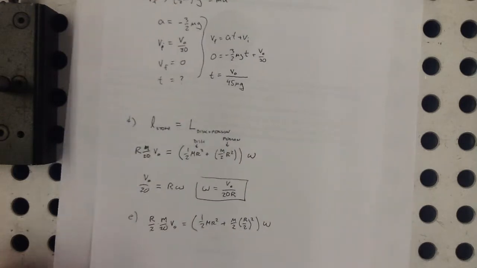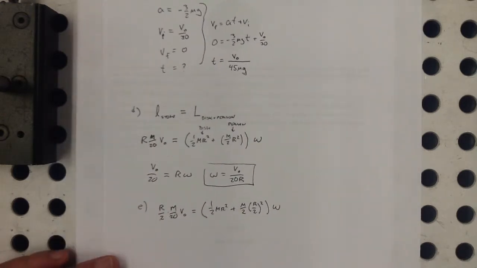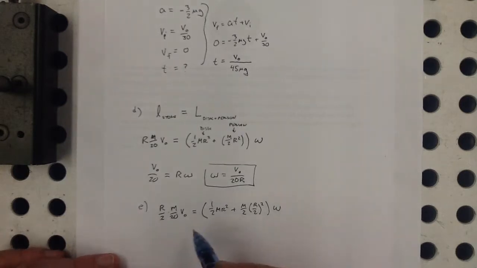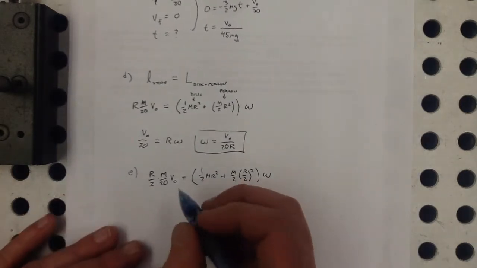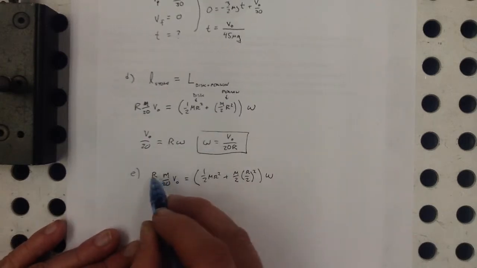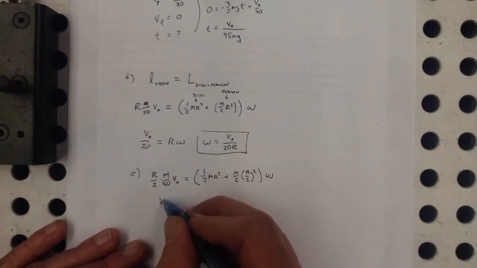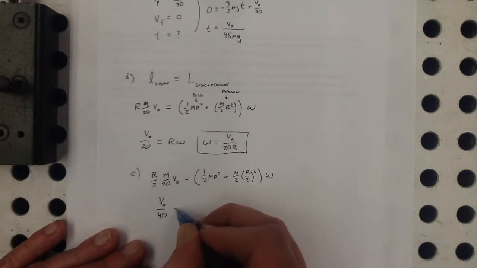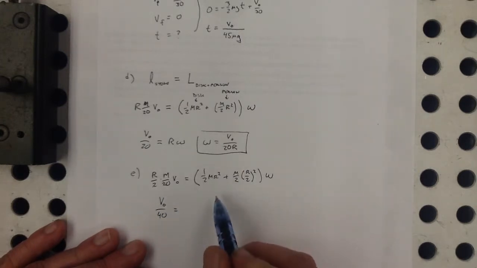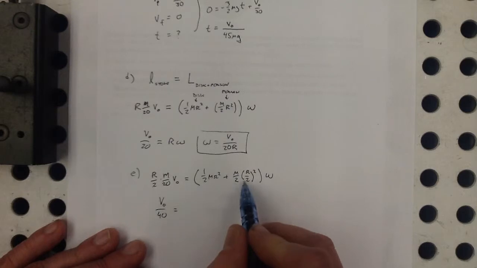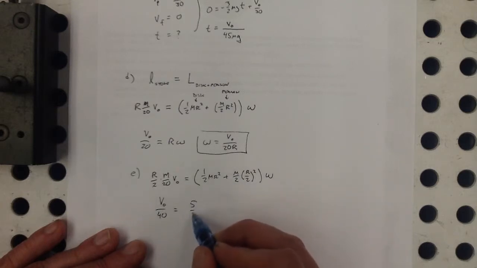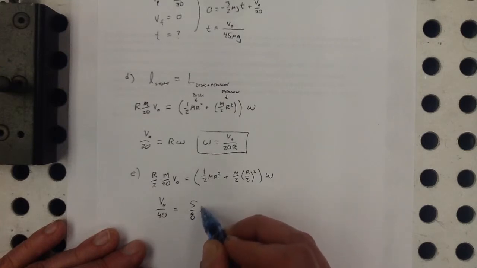that's where they are. So I think I'm just going to crunch the numbers here and see what it comes out to be, and we'll compare. I don't really see a better way of doing it than that. So here, an r and an m will cancel everywhere, so this would be v sub 0 over 40 is equal to, and now I have here 1/2 plus 1/8 of an r, so that's 5/8 of an r.